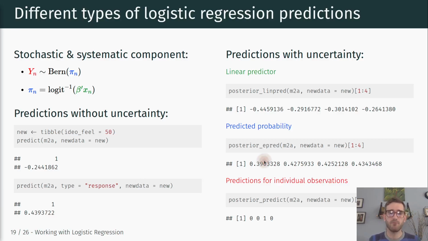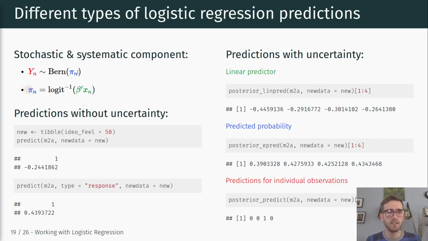Again, we have 4,000 draws from our posterior distribution with 4,000 different values for beta 0 and beta 1. And so we can compute 4,000 different predicted probabilities, and the variation across those predicted probabilities comes from the estimation uncertainty, the uncertainty around our beta 0 and our beta 1. Okay, so that's the predicted probability.